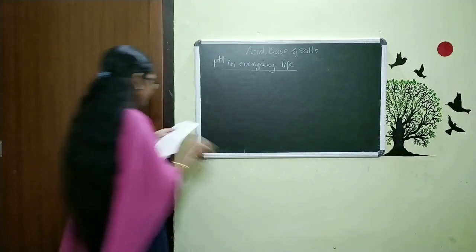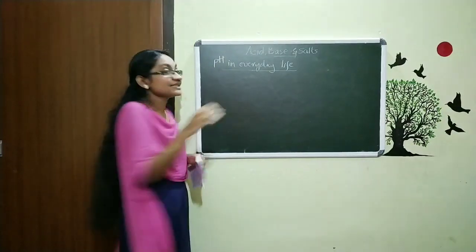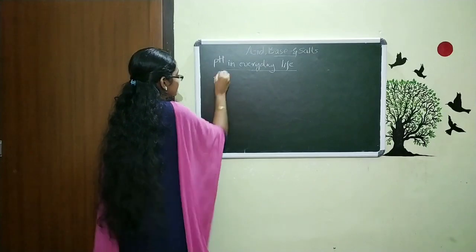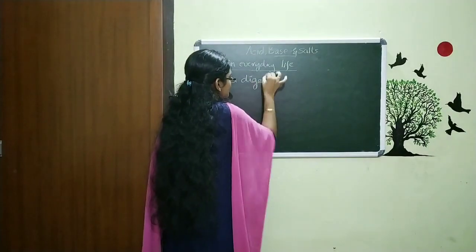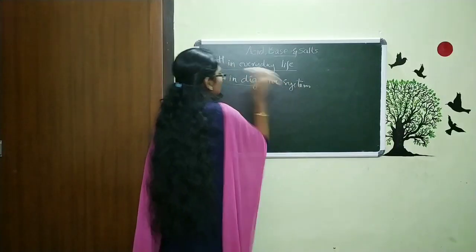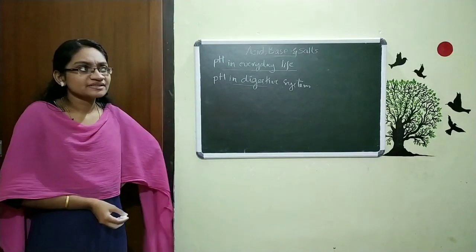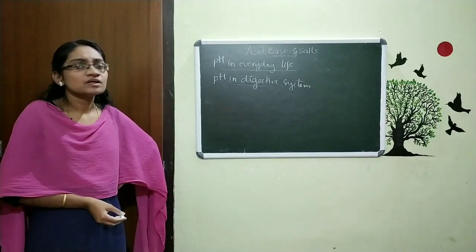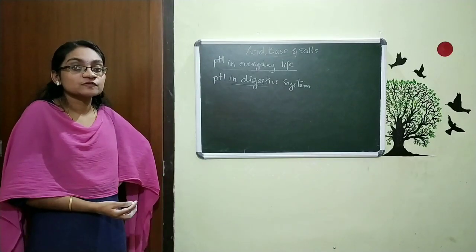The next is about the pH in our stomach or our digestive system. What is the thing that digests our food? We already said that there are some bacteria and all, but what is the fluid that digests our food?